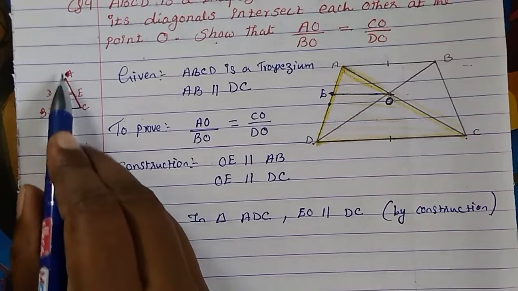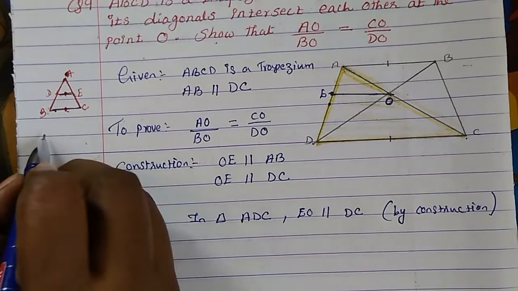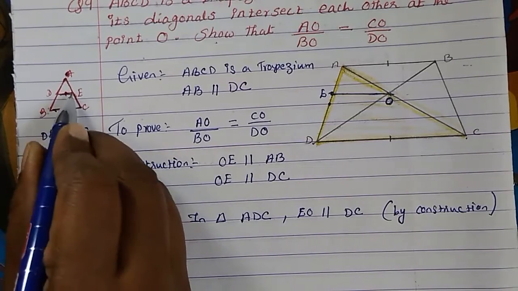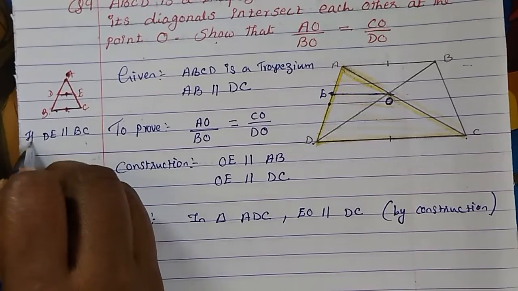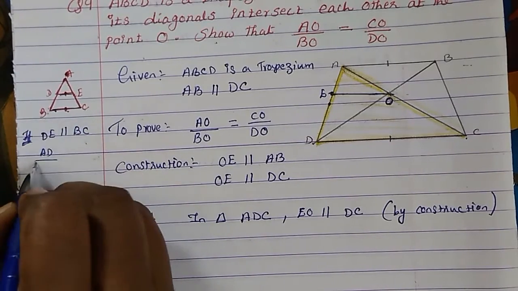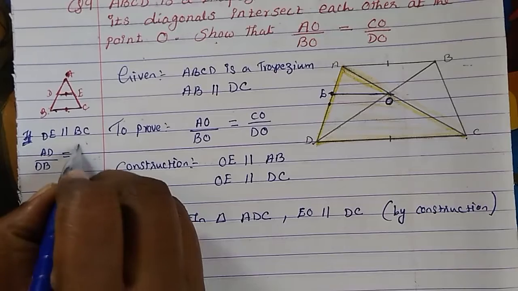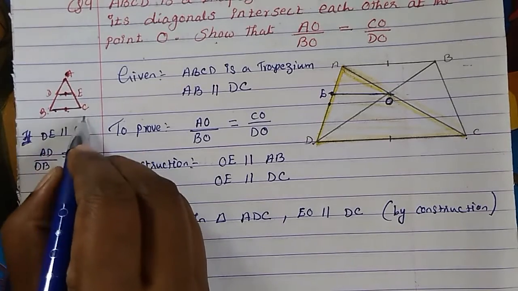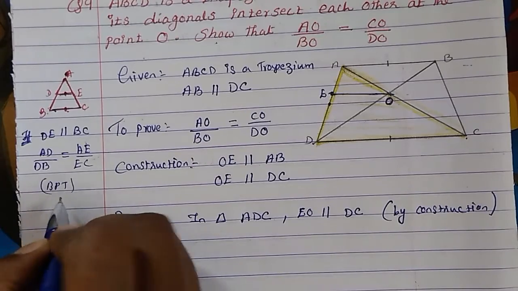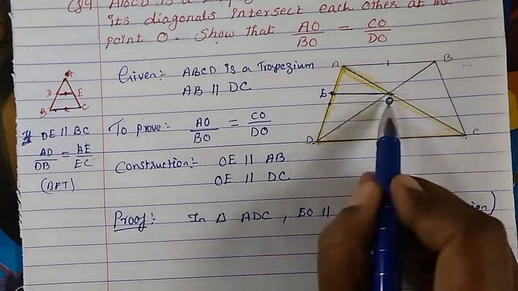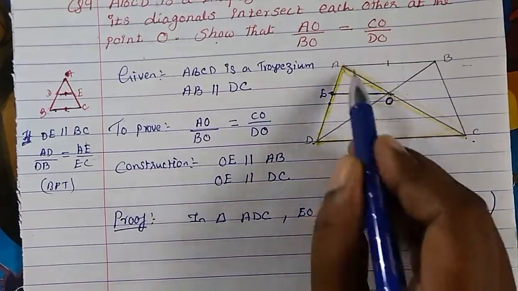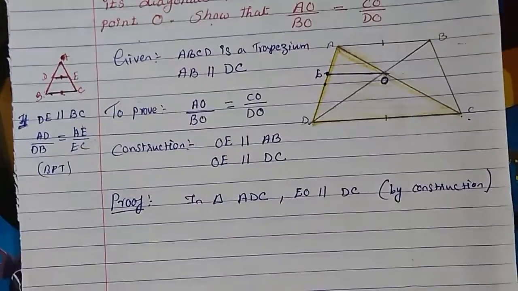Because if this is parallel, the ratio will be equal. See, if DE is parallel to BC, then AD upon DB will be equal to AE upon EC. So this is the BPT theorem. That's what we are going to use. If these two lines are parallel, then the ratios of both the sides will be equal. So that's what we are going to write.